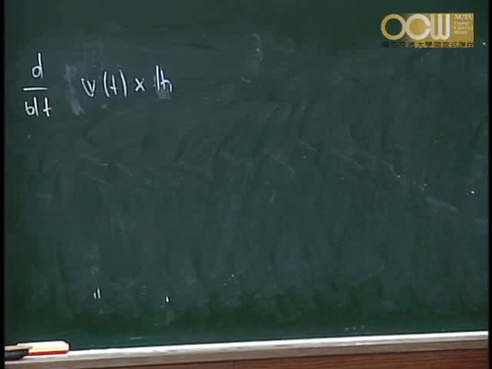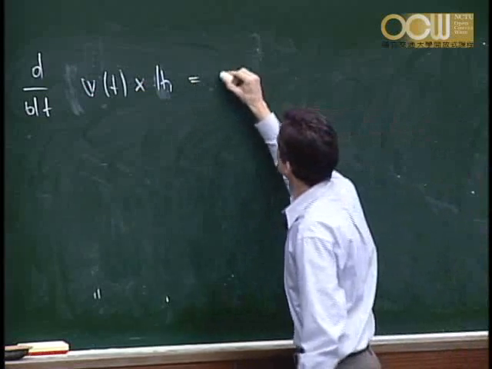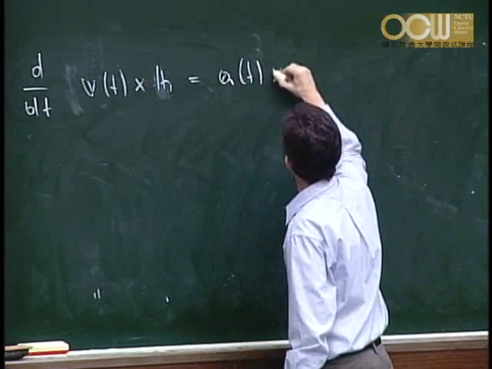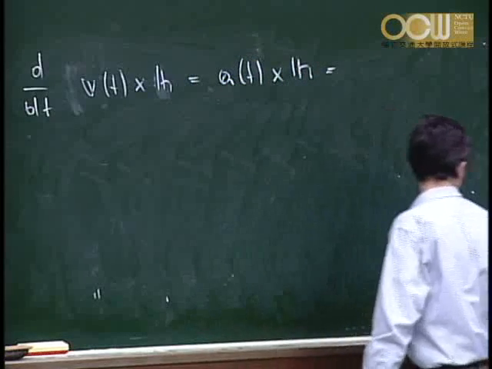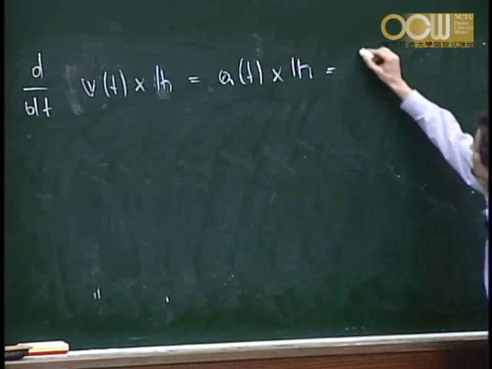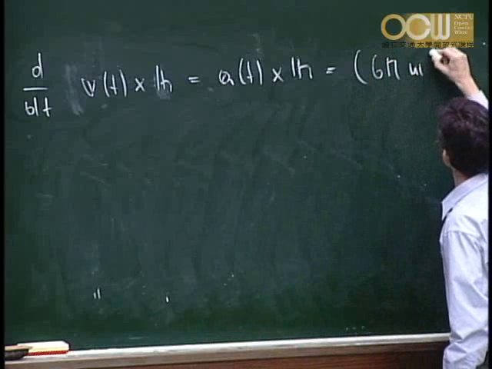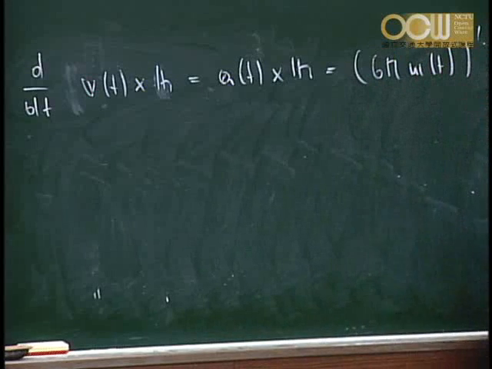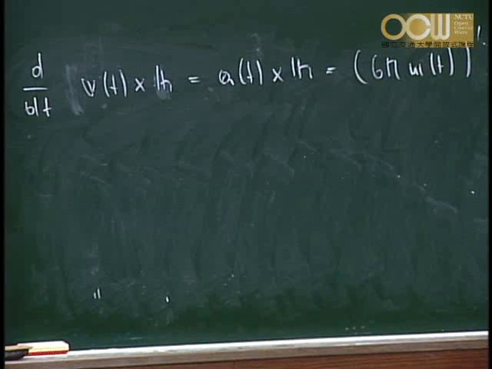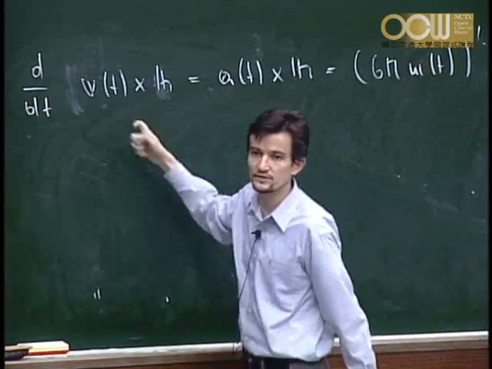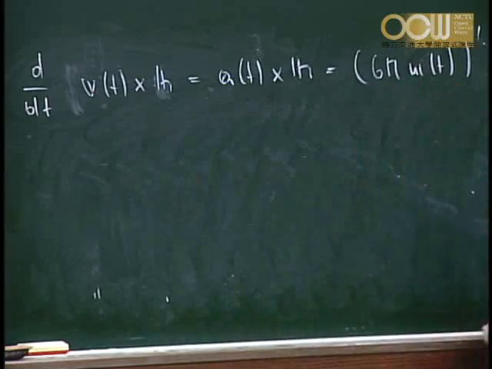So this will be equal to this one, but this one I can write as GM times the derivative of u of t. Okay, so those two vector functions have the same derivative, so they just differ by a constant.